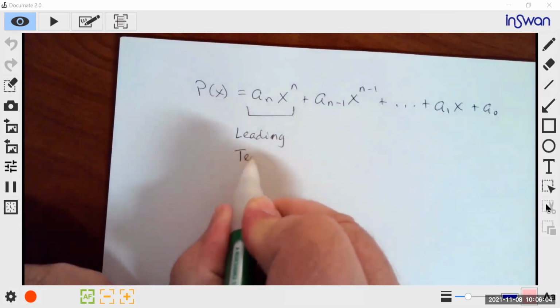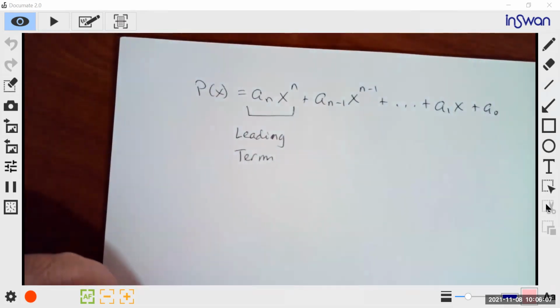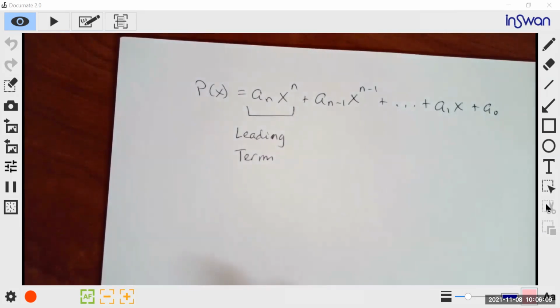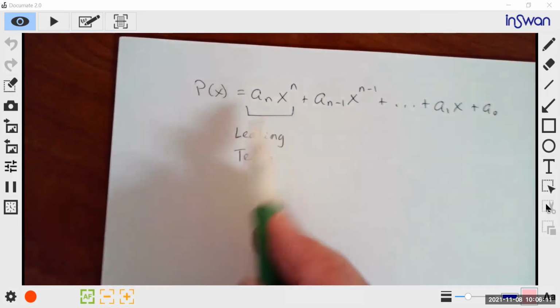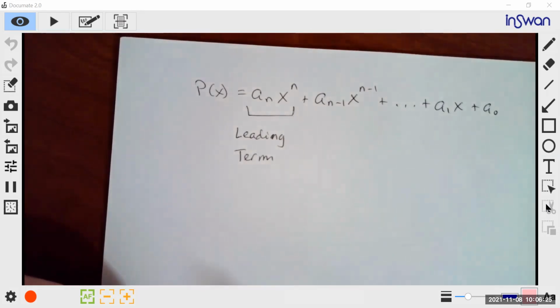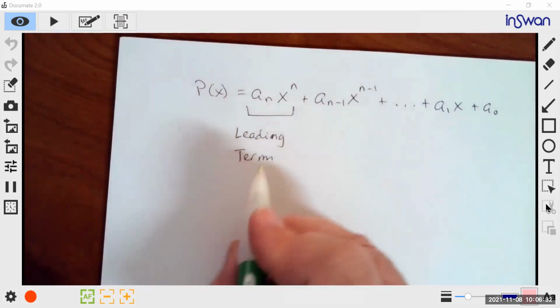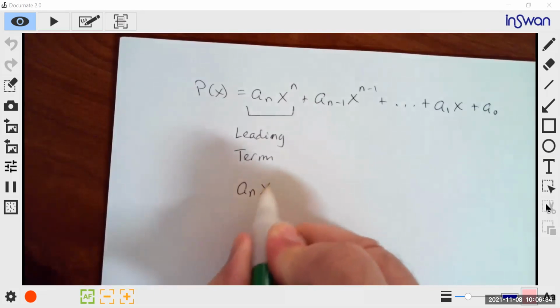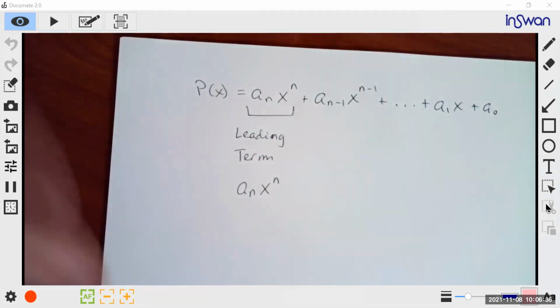The leading term. The leading term, because it has the highest exponent, carries the most weight. It dictates most of what's going to happen to that graph, that function. So the leading term is a_n x^n. That's what we look at.